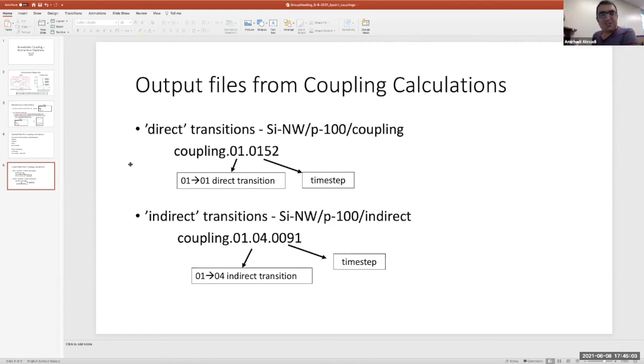I have another question. If you change the number of K points for the momentum dispersion, where should we adjust the script for doing the coupling calculation? Is it automatic or no? We need to modify that. If you change your KPOINTS file to a different amount of K points in one direction, that would change the size of the WAVECAR.